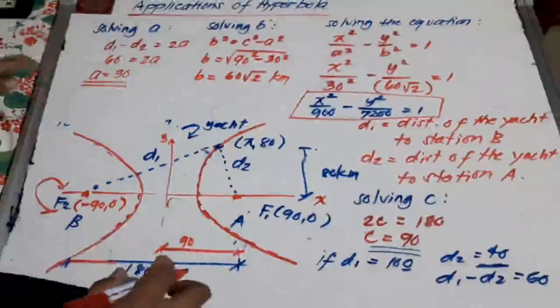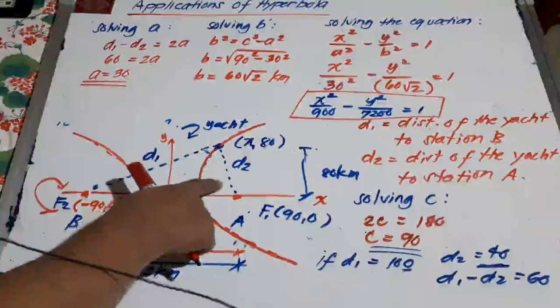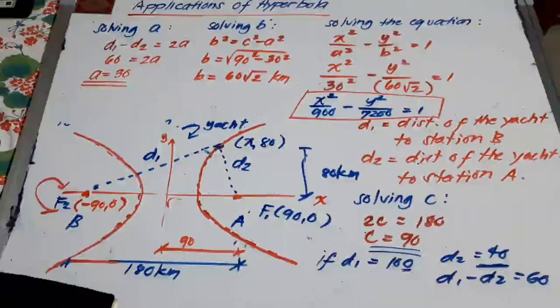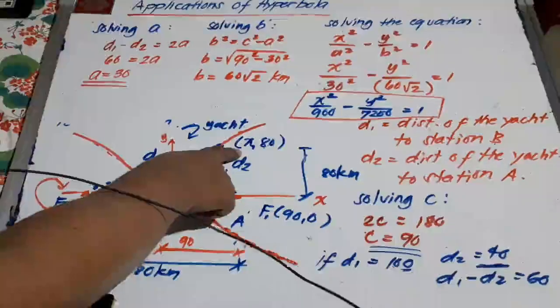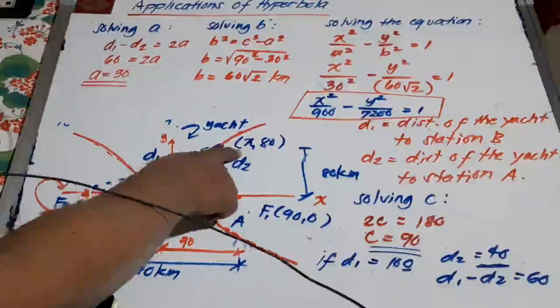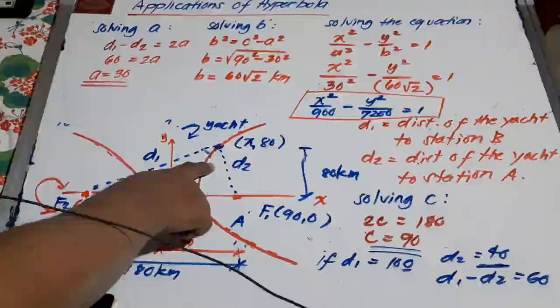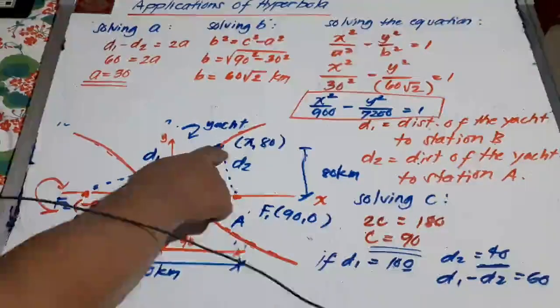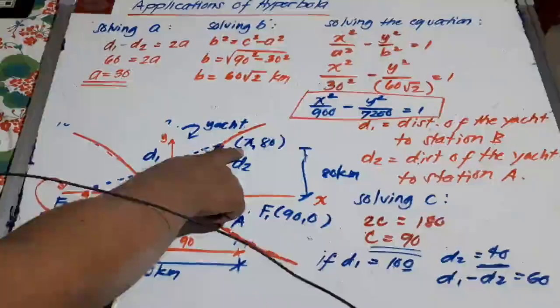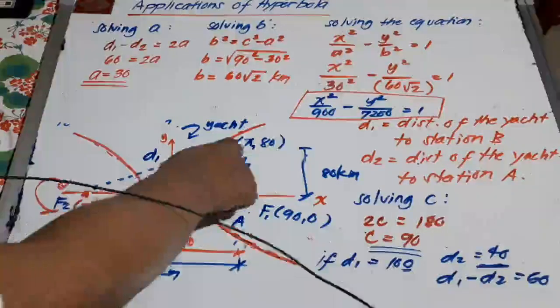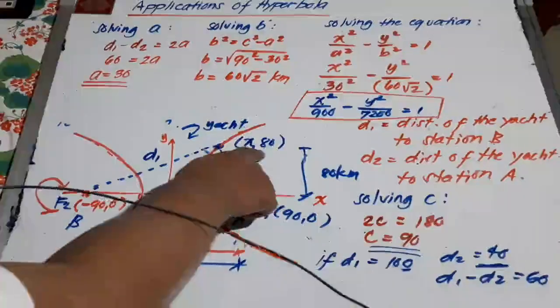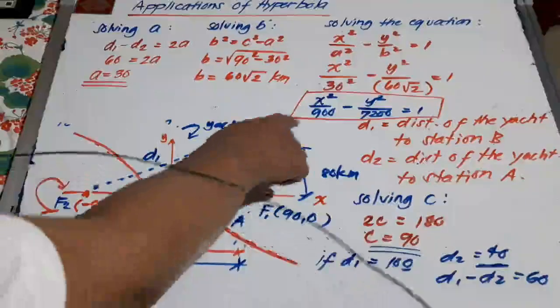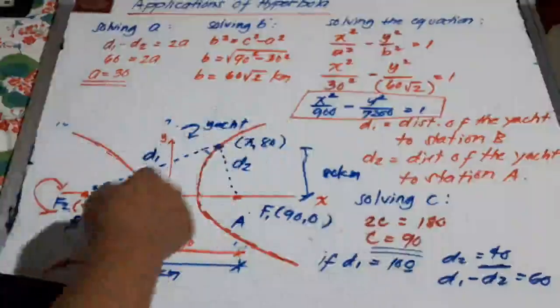Remember, ang pinapanong-tanong sa atin is D1 and D2. Okay, para makuha natin si D1 at si D2, kailangan alamin natin si coordinates ni yate. At makukuha lang natin yon if we know the value of x. So we have to solve the value of x. Since we already have now the equation of the hyperbola, we can substitute the value of y, or 80, to y squared, and then we can solve the value of x.